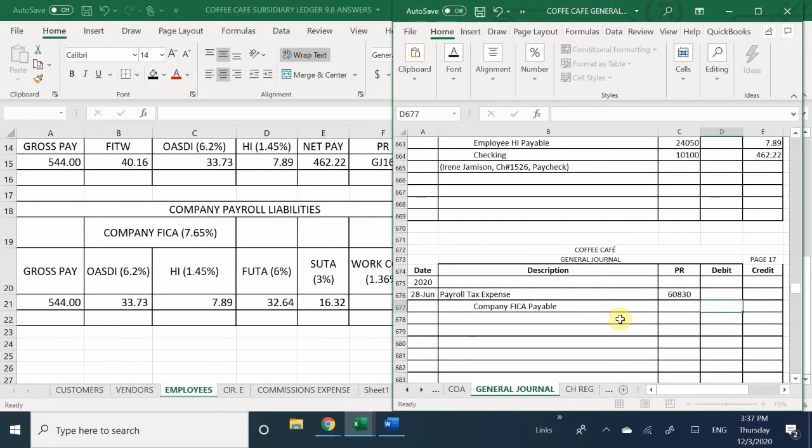Our FICA is going to be the 33.73 plus the 7.89, for a total of $41.62. Good. $41.62. All right, an account number for company FICA: 24060.